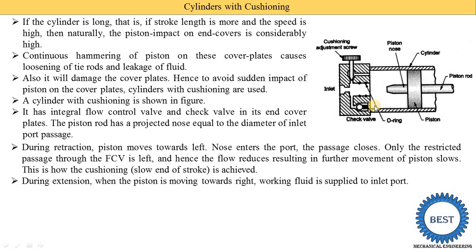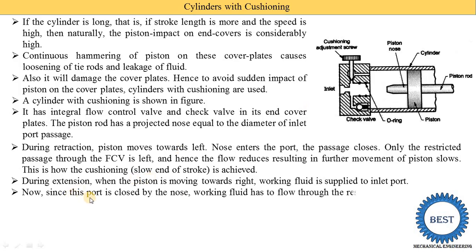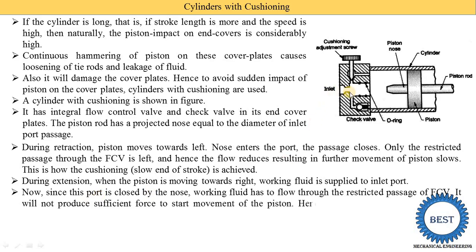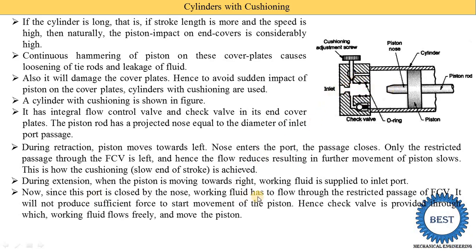This is called the extension stroke. Since this passage is closed by the nose when we supply the inlet oil, the working fluid has to flow through the restricted passage of the FCV. It will not produce sufficient force to start the movement of the piston.